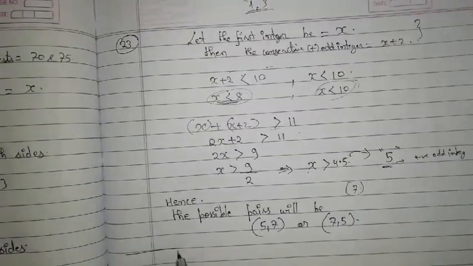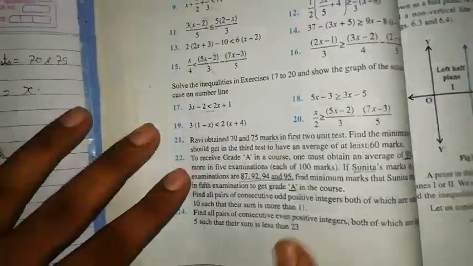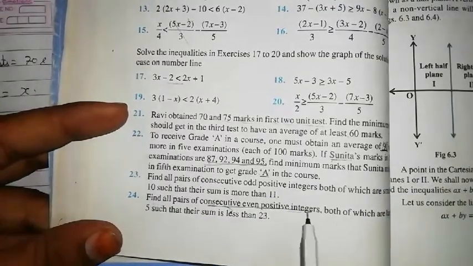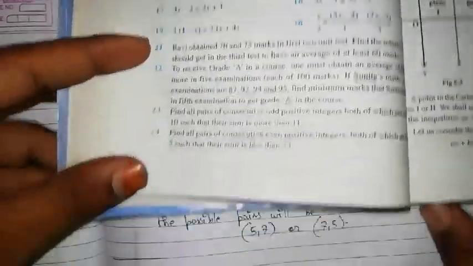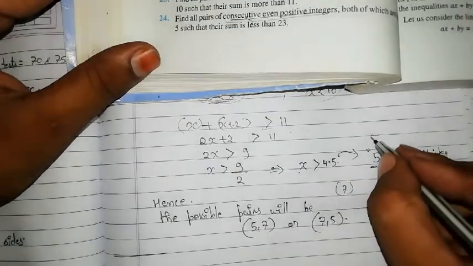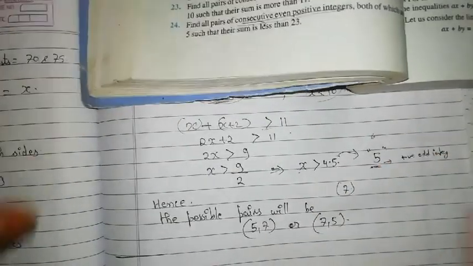In the same way you have to solve question number 24, in which we have to find the even positive integers. Like here 4.5 came, after that the just even number will be 6 in place of 5. So this you can solve by yourself.